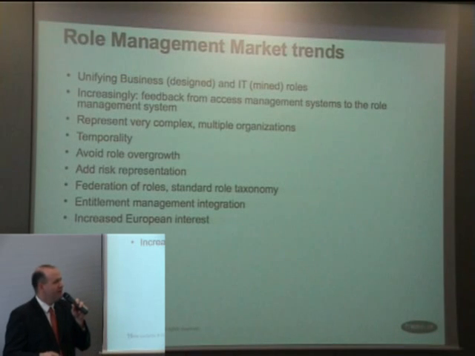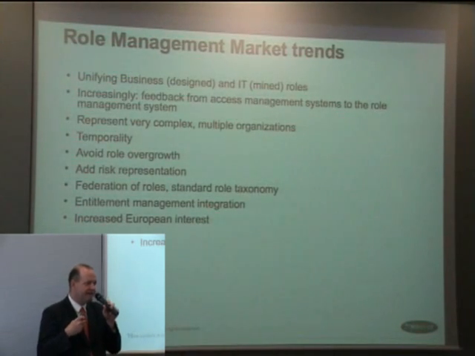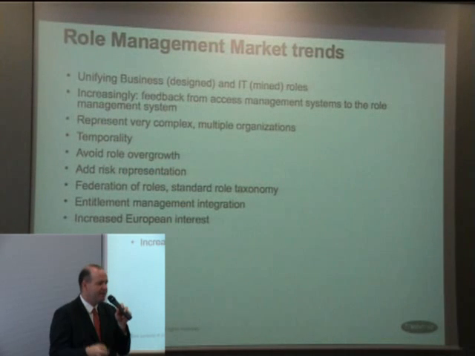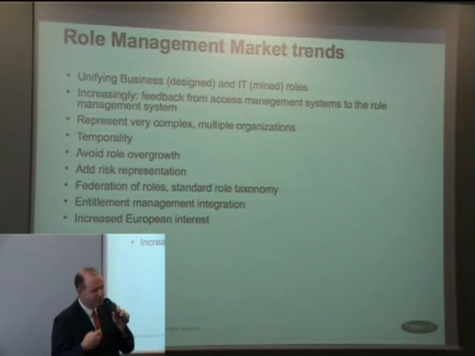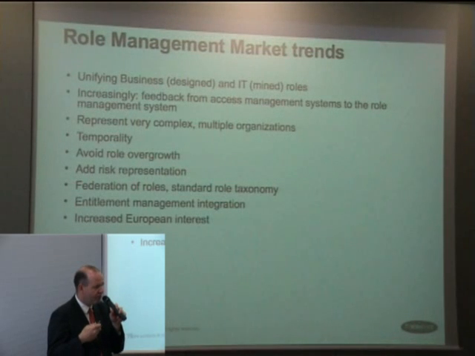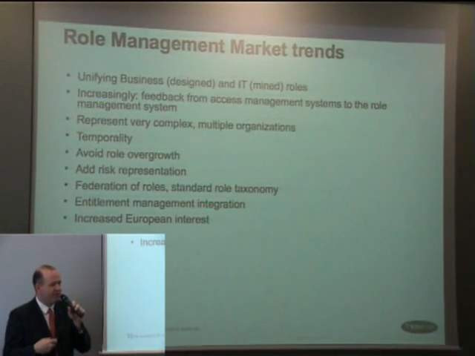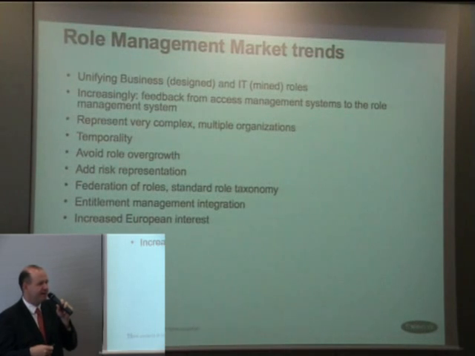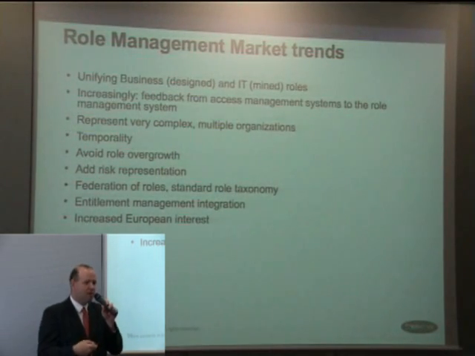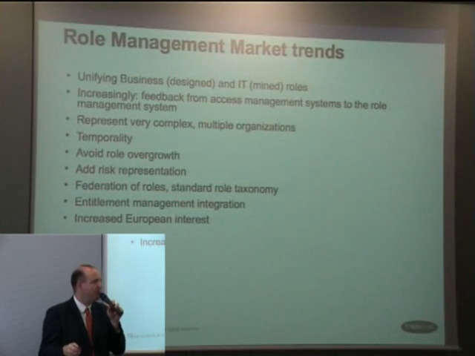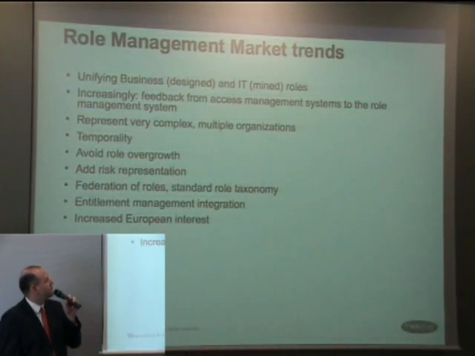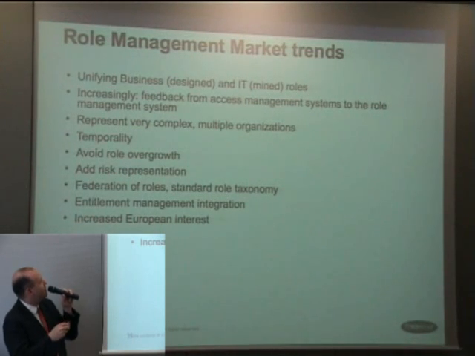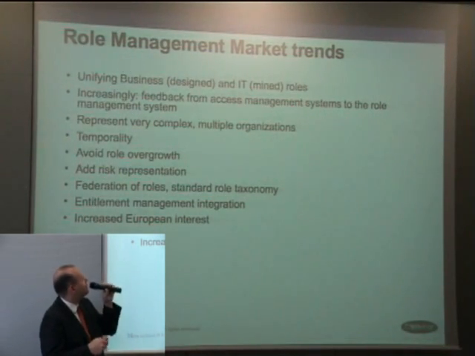Very quickly. You have to have special means, mechanisms and processes to understand how you should not let this happen. If you have an organization and you need to maintain thousands of rules to create job roles that put people into those roles, that's a bad idea. So you have to minimize role overgrowth as best as you can.